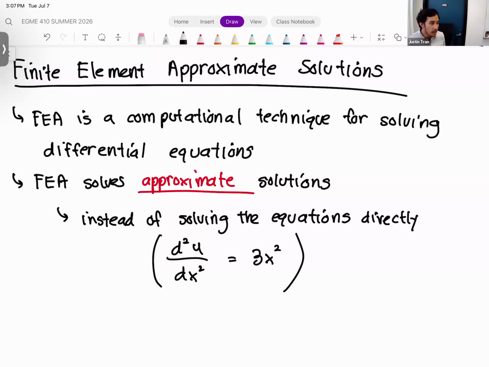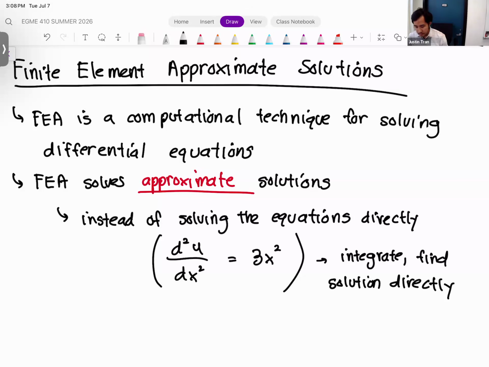We just integrated the equation and the solution ended up being what it was. So a direct approach is great when you have techniques to do so, and we have techniques mostly for simple cases: one-dimensional problems, simple geometries. That usually nets us an exact solution.